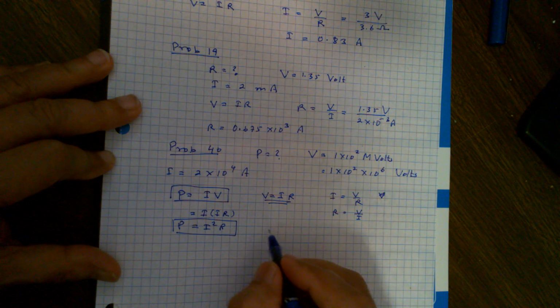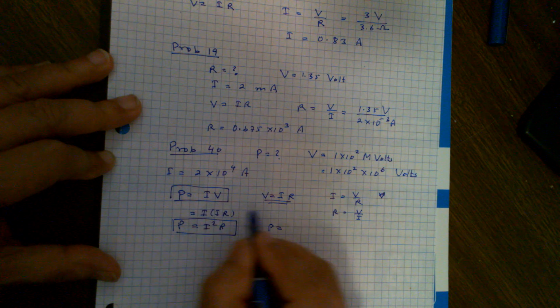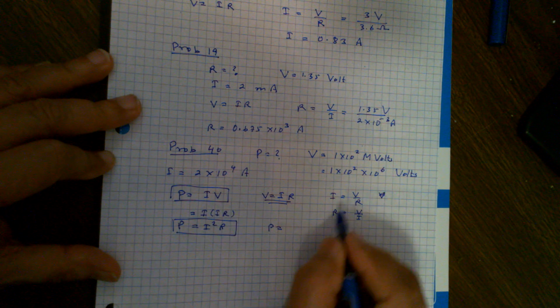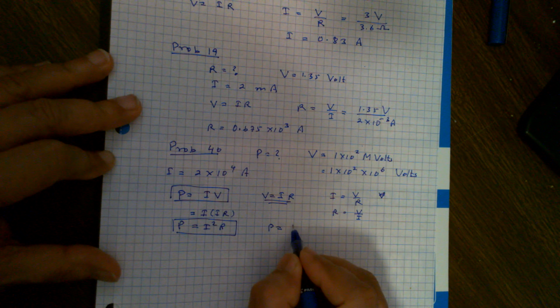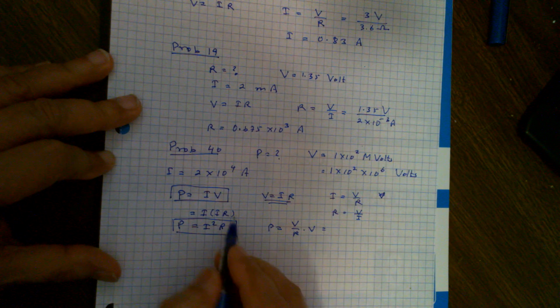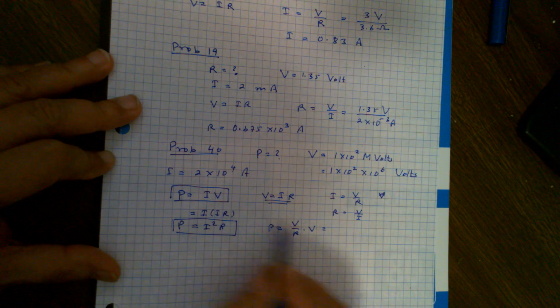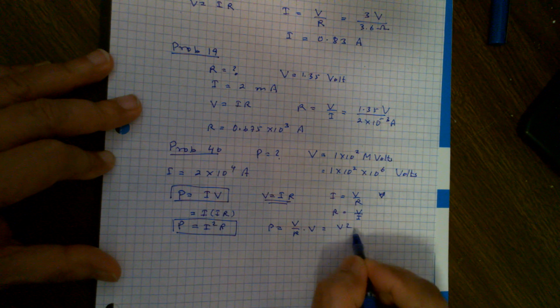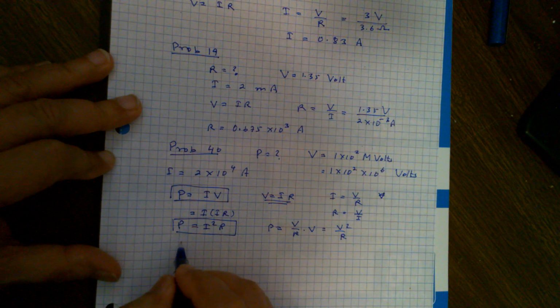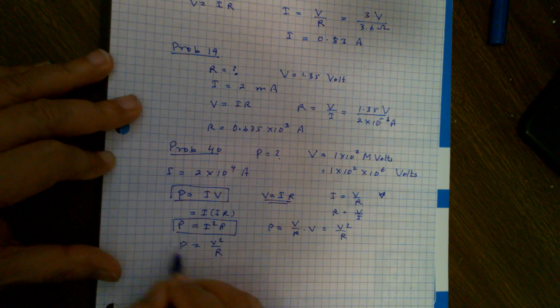Now I can derive another one. P is equal to, instead of substituting for V, I can substitute for I. So then V by R times V. Here I is substituted with V by R. So that's V squared by R. So I can get P is equal to V squared by R also.